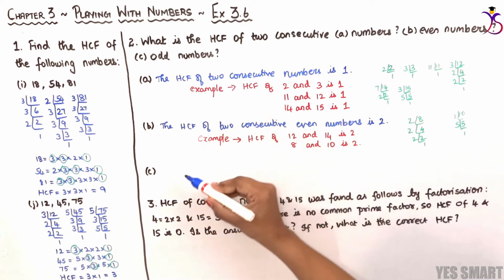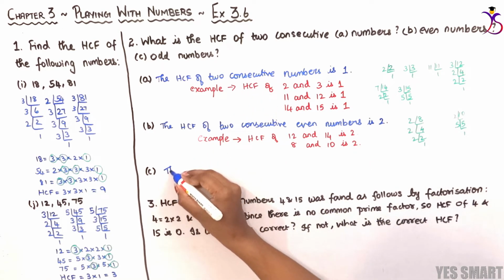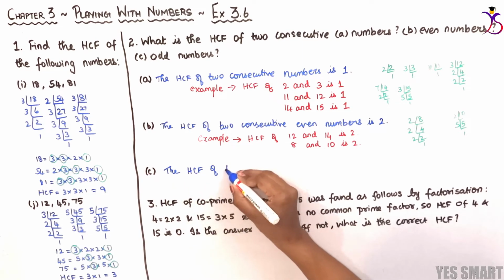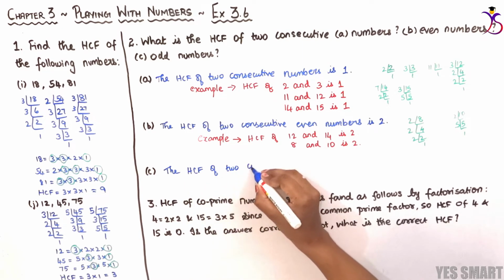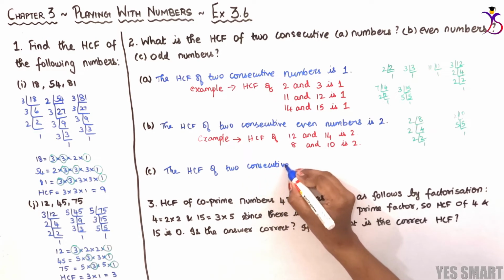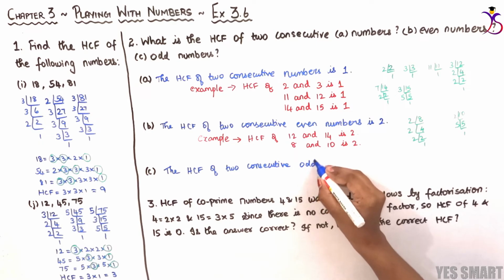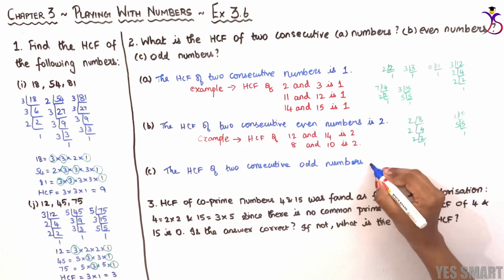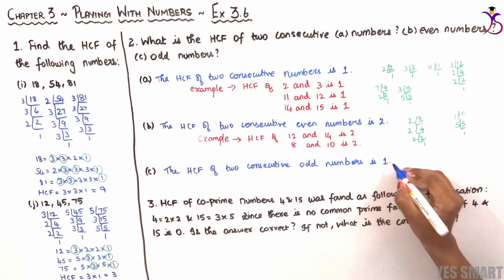Next, part C: the HCF of 2 consecutive odd numbers. That is, we are supposed to take 3 and 5, 5 and 7, 13 and 15, something like that. Any 2 consecutive odd numbers. So the HCF of 2 consecutive odd numbers is 1.